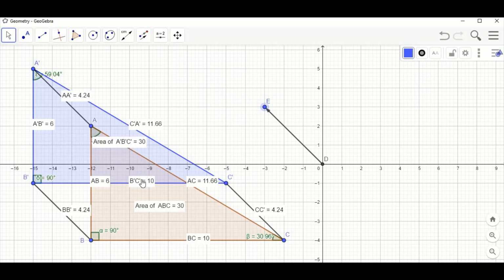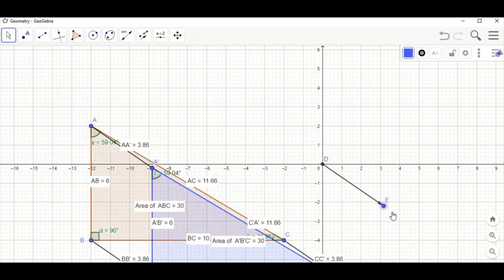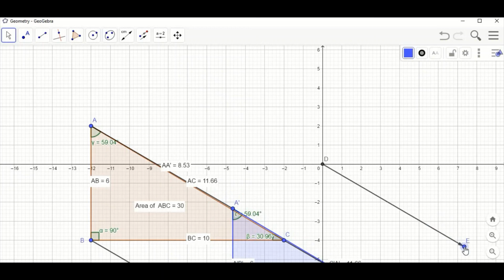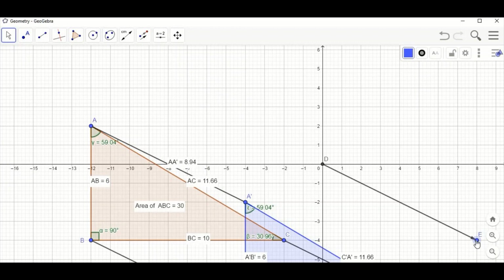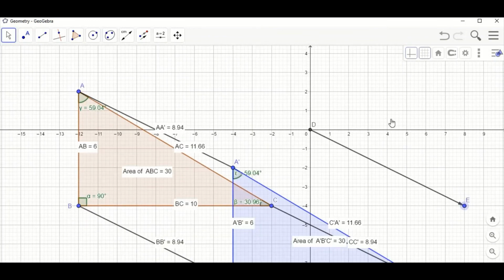So here the area is still the same, the length of corresponding side is still the same, and it doesn't matter by which vector you translate an object, it will hold true. All the properties will hold true, right? If I change it to this direction, right, where I am now going 8 movements to the right and then 4 units down, then it still will hold true. Let me just adjust it so you can see it.